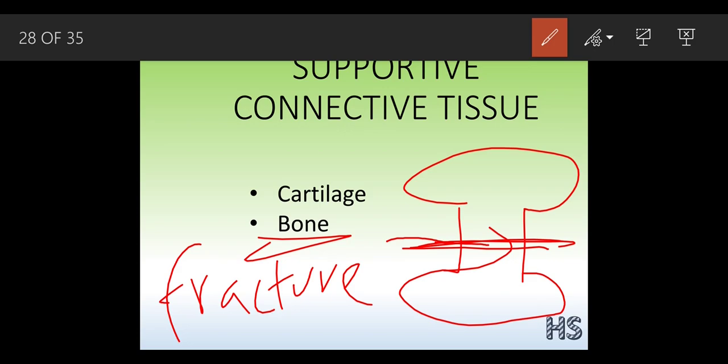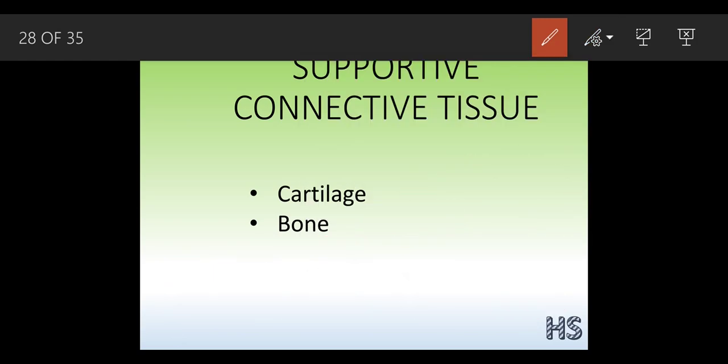Why does it cause so much pain? Because bone is made up of blood vessels and nerves. What is the function of the blood vessels? To transport blood. If this is a blood vessel and it gets cracked in between, the blood flow will stop at that part, and that is going to cause a lot of painful sensations.